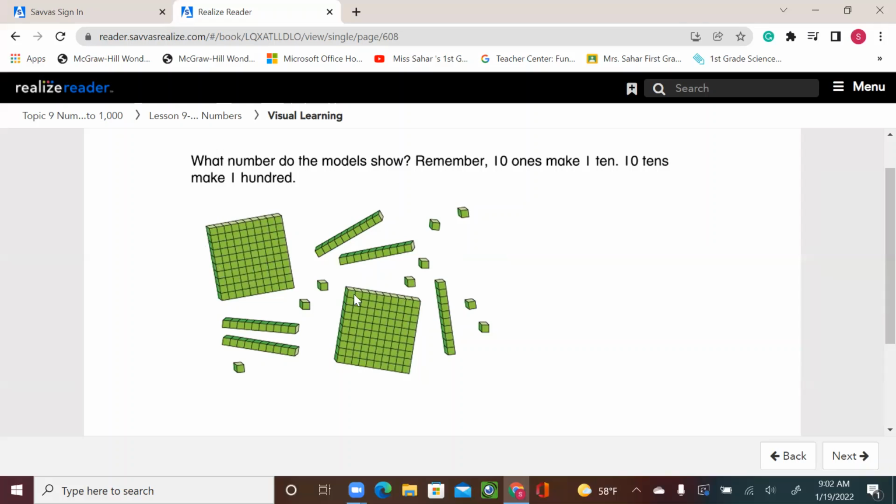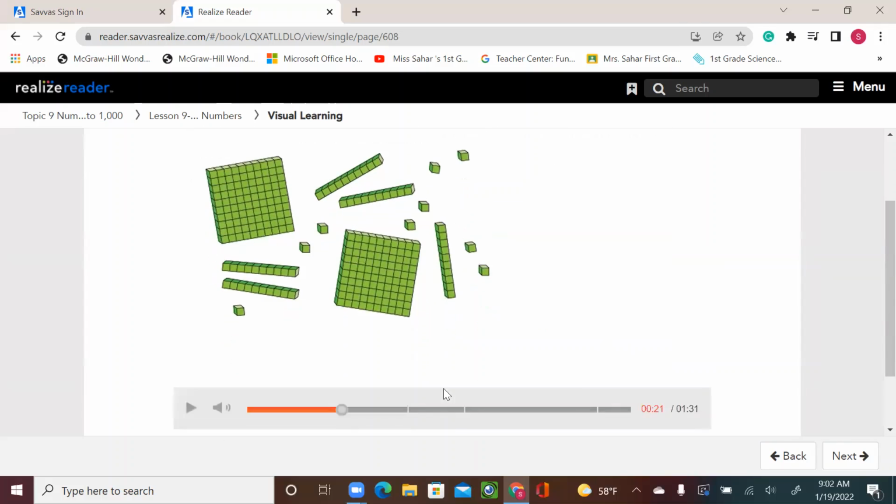Let's see how many tens, using the place value chart to help us. 110, 210, 310, 410, 510. So 200, 5 tens, and we have the ones. 1, 2, 3, 4, 5, 6, 7, 8, 9. Right?